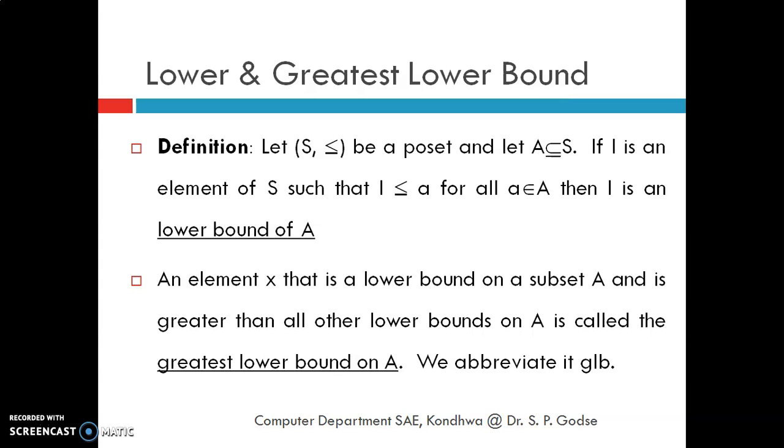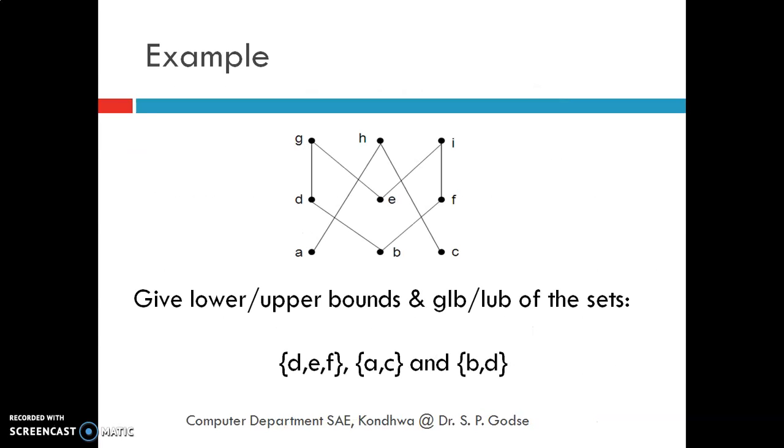Greatest lower bound means, if there are multiple lower bounds for subset A, then the greatest among all these lower bounds is called the greatest lower bound, whose value is greatest among all lower bounds of A.